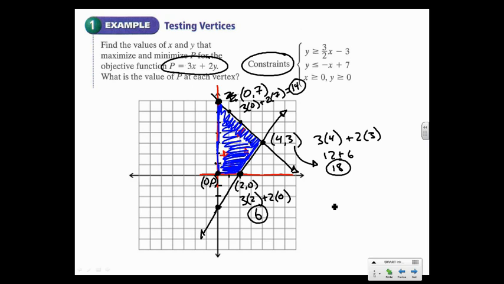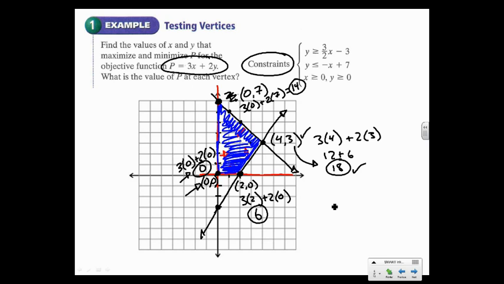And our last one, if I plug in 0 and 0, 3 times 0 plus 2 times 0, we get 0. All right? So we have the values at each vertex. And you can see here that the place where we would maximize, 18, would be at the point 4, 3. The place where we would minimize, 0, would be at 0, 0.